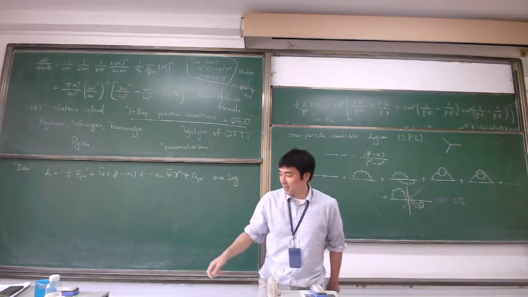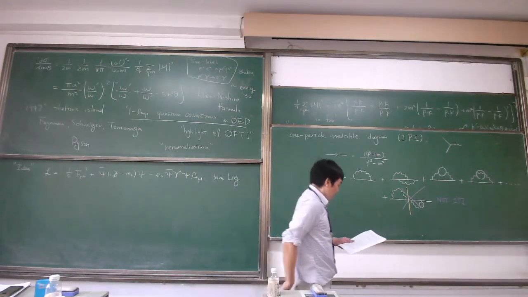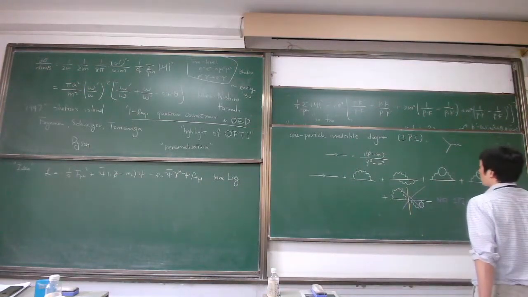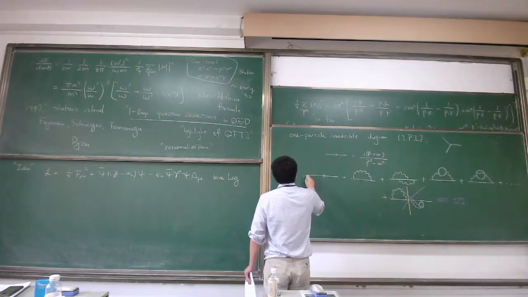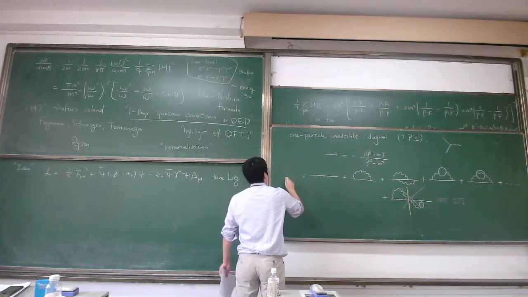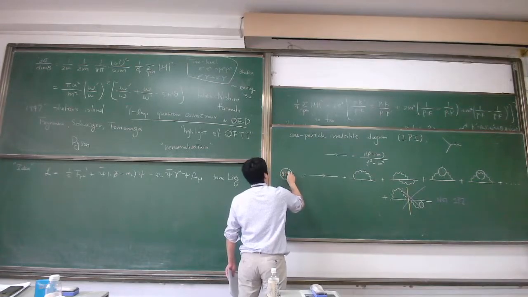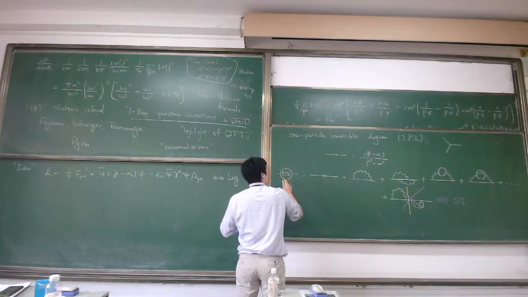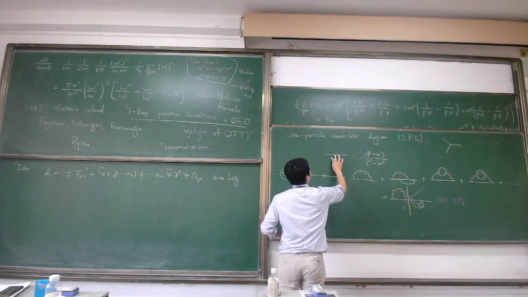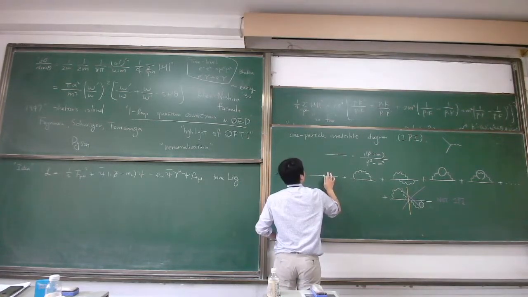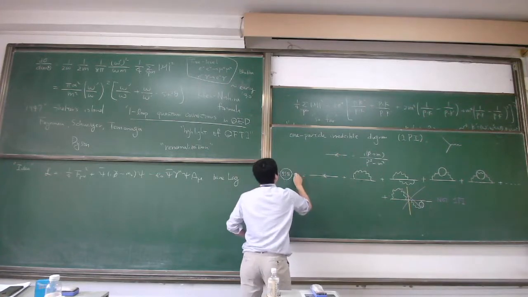That's my guess. And if you sum all possible diagrams, we could write down the 1PI like this one. I think the lecture note has the arrow opposite somehow. I don't know why, but anyway.